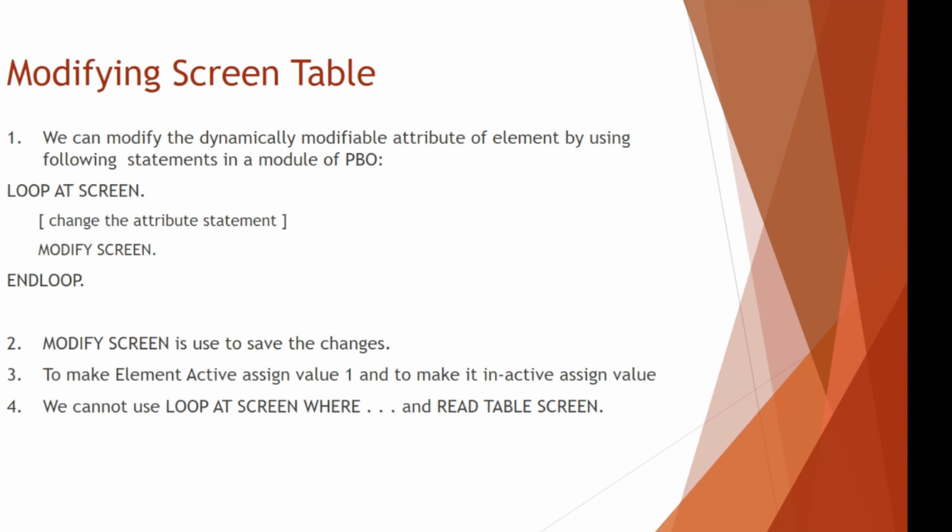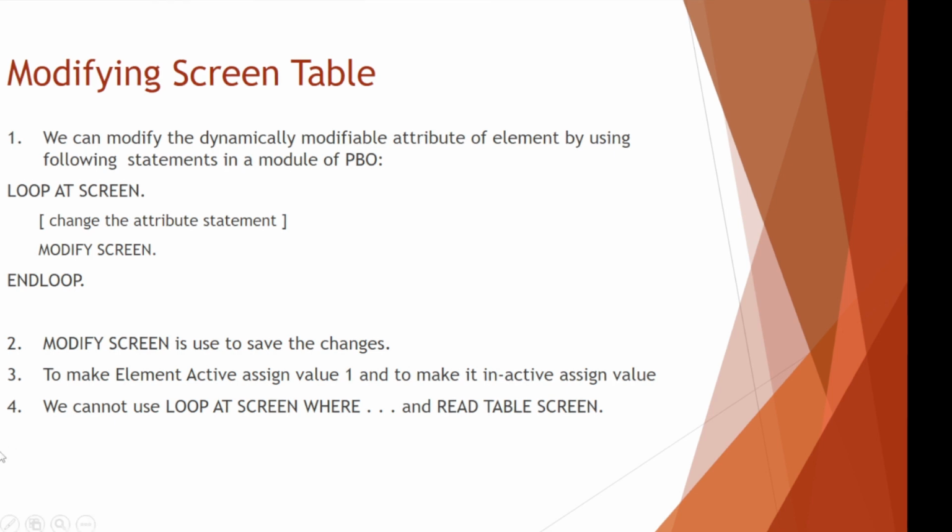Second, MODIFY SCREEN is used to save the changes. To make an element active, assign value 1, and to make it inactive, assign value 0. We cannot use LOOP AT SCREEN WHERE and READ TABLE SCREEN. What does it mean?